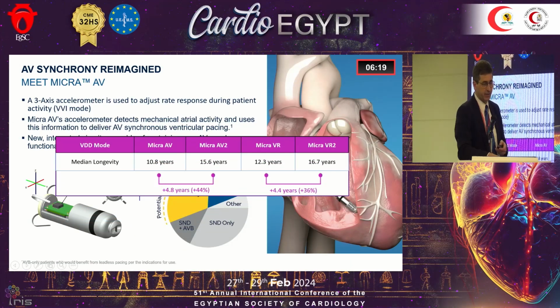The other big question is the next generation of the Micra is coming out, or it's already got CE and FDA mark. The median longevity of the device was something around 10 to 12 years, and with the next generation, which is soon available, it's going up to 15 to 17 years, which is, I think, a very important aspect in leadless pacemaker because it's not simple to change it.